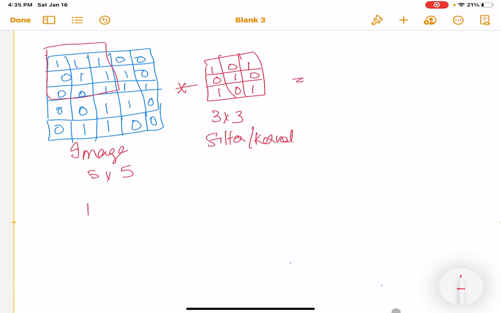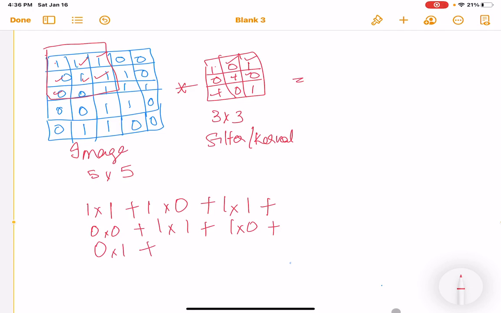So that would be 1 into 1 plus 1 into 0 plus 1 into 1 plus 0 into 0 plus 1 into 1 plus 1 into 0 plus 0 into 1 plus 0 into 0 plus 1 into 1.